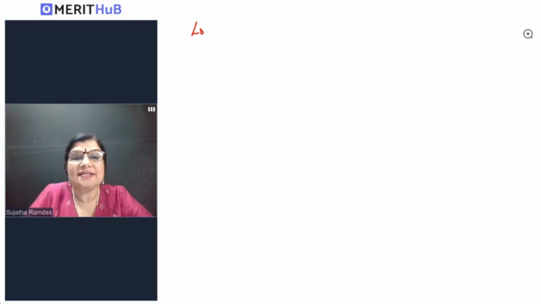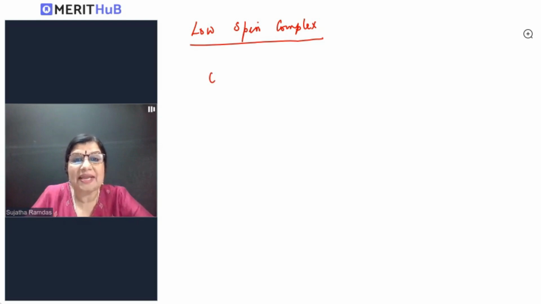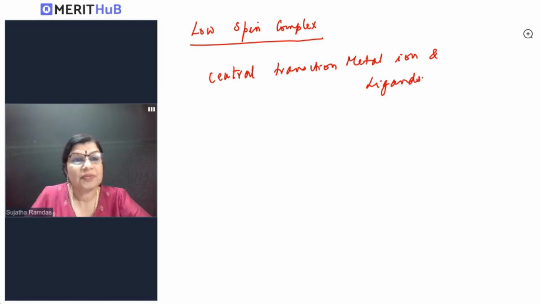First, let's try to understand what is meant by a low spin complex. You know that a complex ion is formed between a central transition metal ion and surrounding ligands.